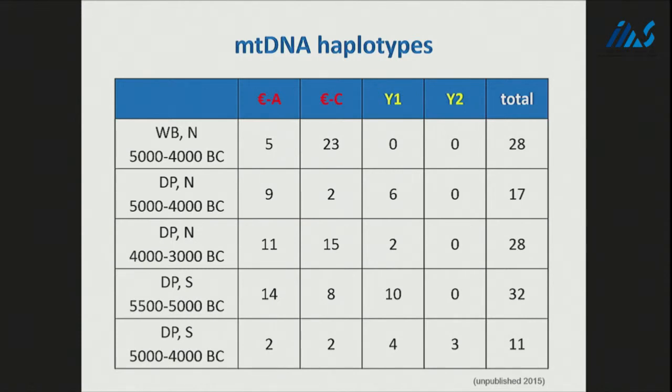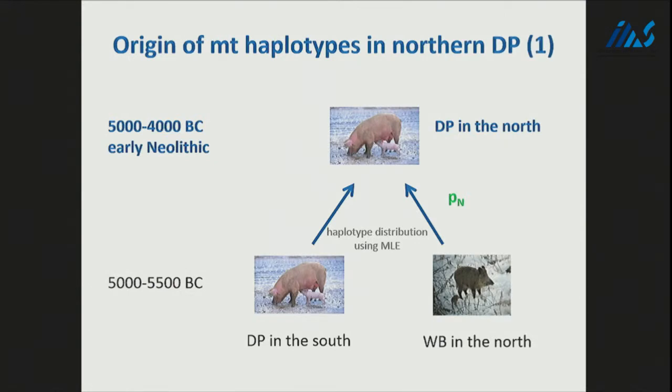These are the haplotypes we established, a total of 116. And you see that there is already a very different haplotype distribution in the north and the south. So we considered the following scenario. We considered the time frame of the very early Neolithic in northern Germany, which happened more or less overnight.